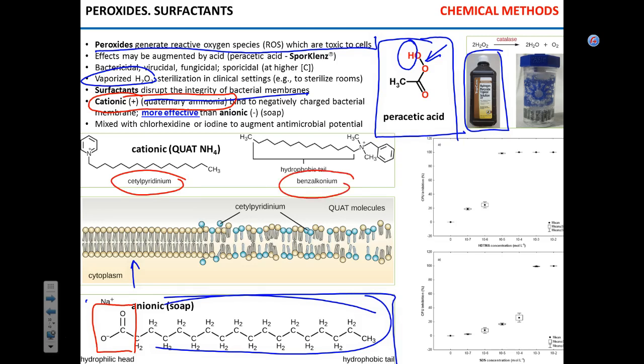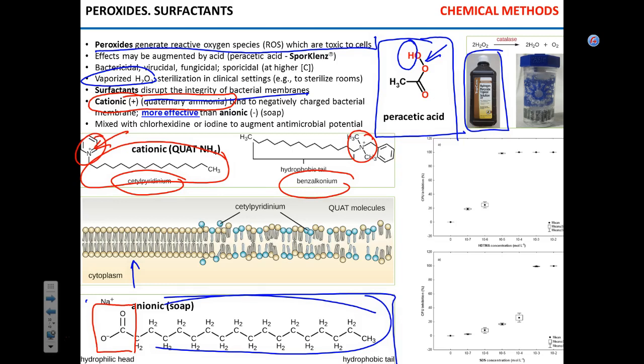So these compounds also have a really, really long chain, just like anionic compounds do. But instead of an anion at the end of the chain, they have a quaternary ammonia cation, a positively charged nitrogen atom.